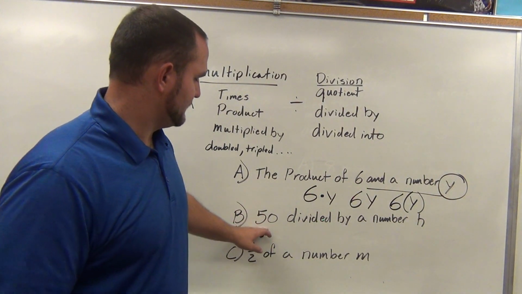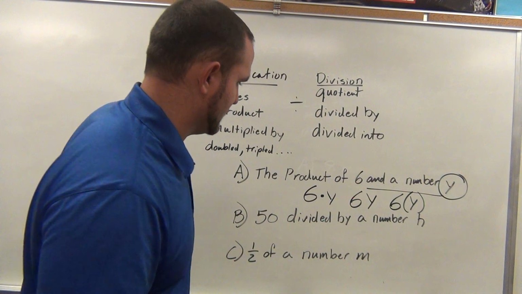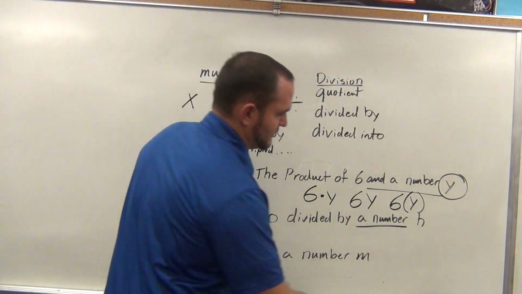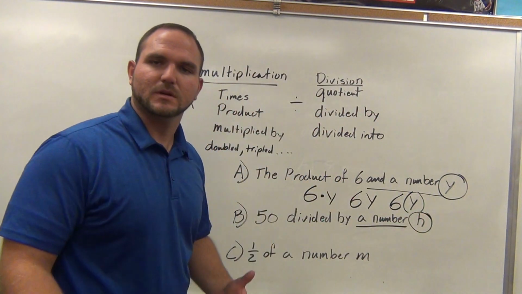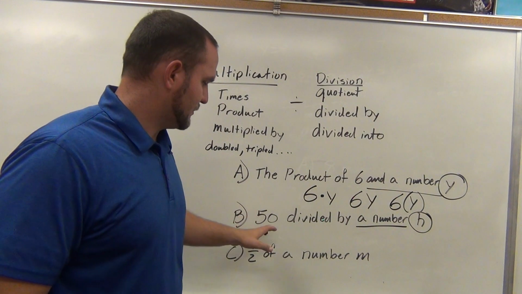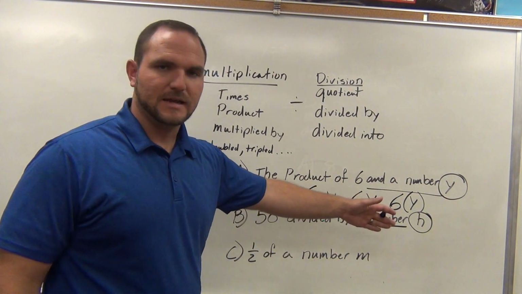Okay, so 50 divided by a number h. Now I just told you that a number and then having a letter after it just means you're putting h in there. So whatever number you come to first, so 50 divided by h.